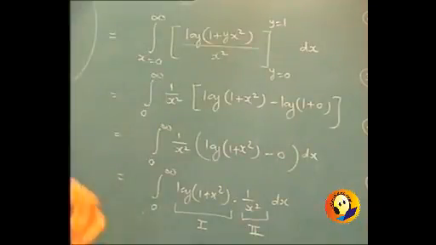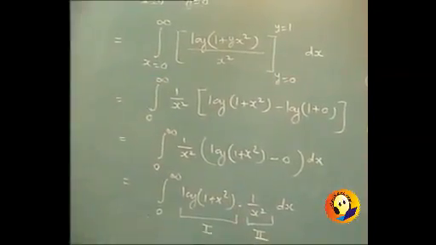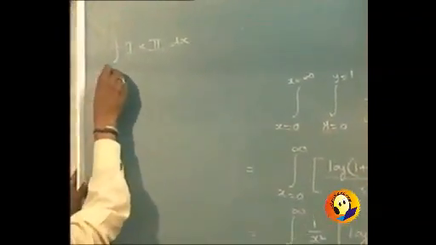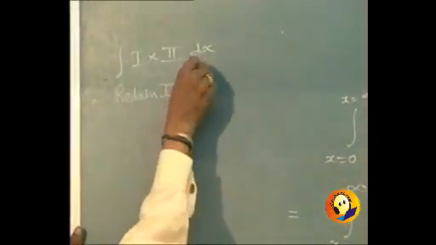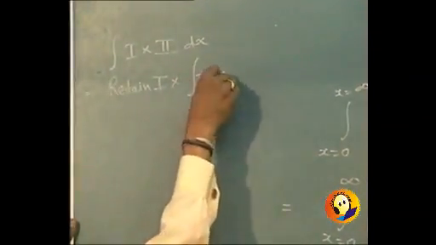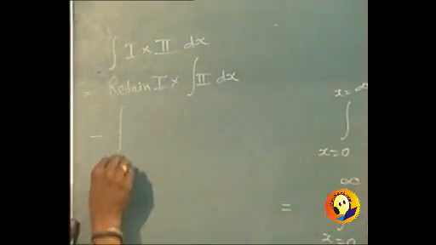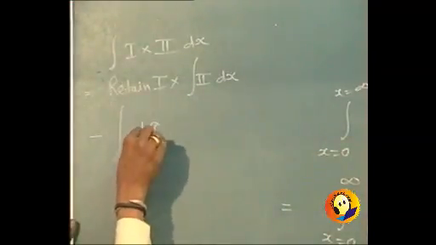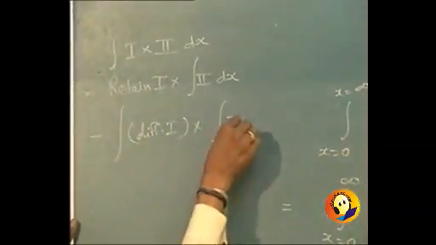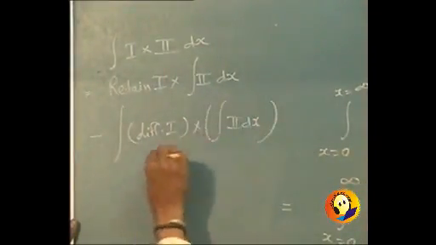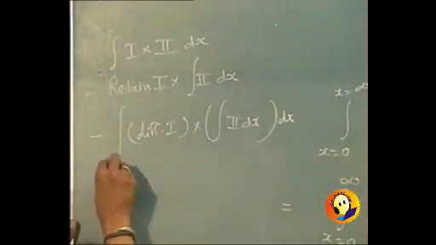The formula for integration by parts can be written as integral function 1 into function 2 dx. In words, it is retain first into integrate second, minus integral of differentiate the first function into integrate the second function, and this particular product is to be again integrated.